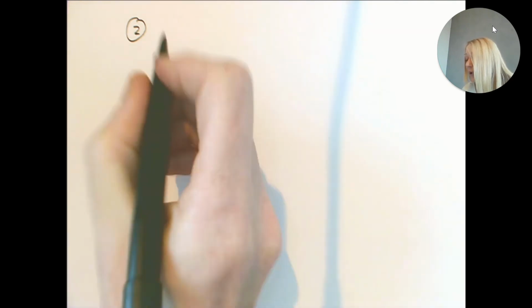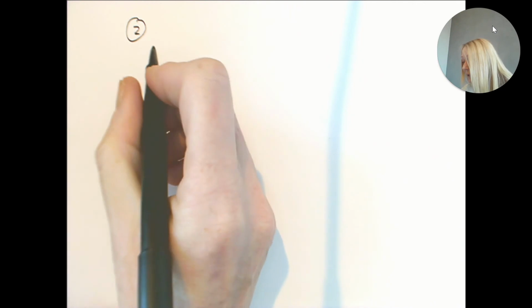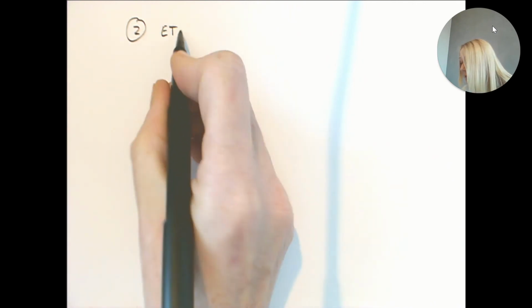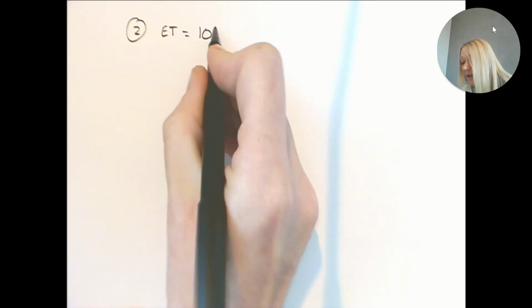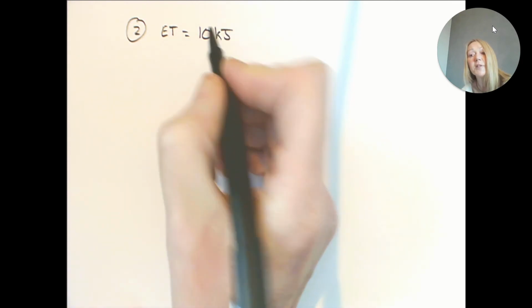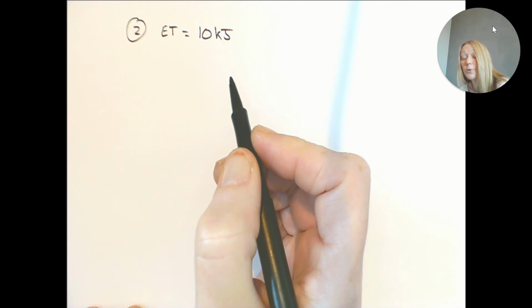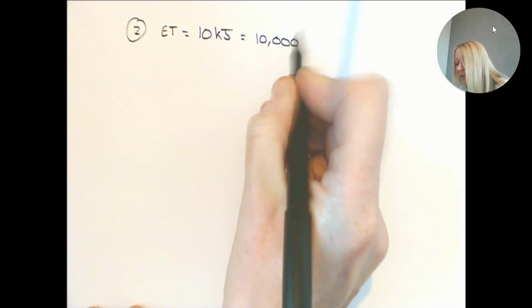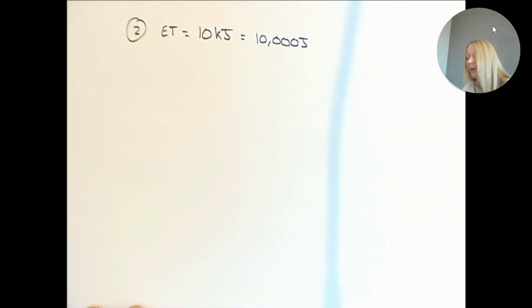So question 2 is going to ask you to rearrange the equation. So we're going to have a look at that. Firstly, we're going to take what they've given us. They gave us the energy transferred as 10 kilojoules. Now the first thing we need to do there is transfer that into joules. So that equals 10,000 joules.